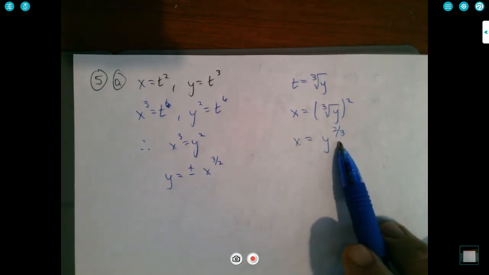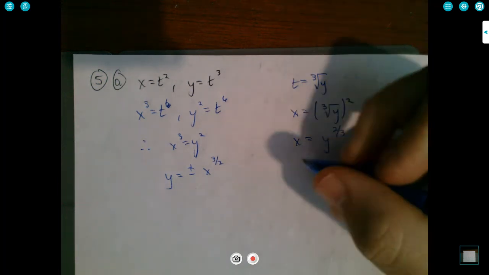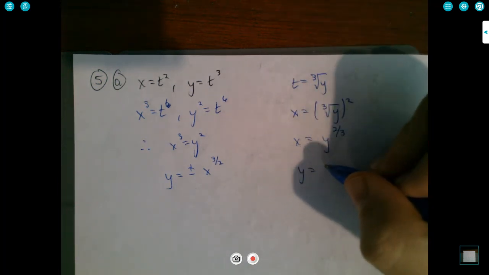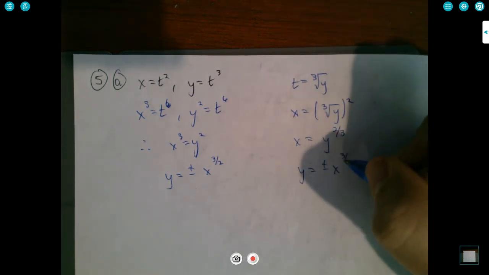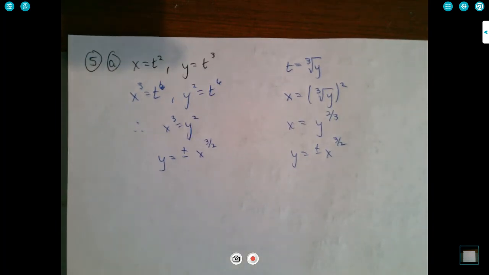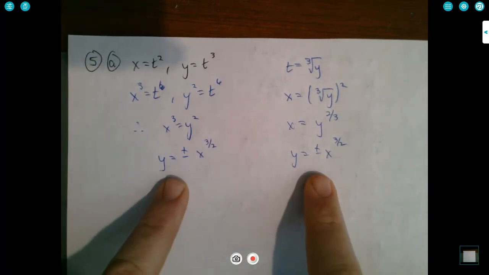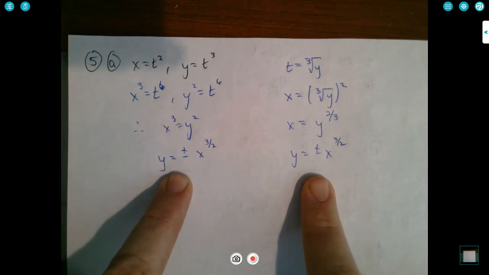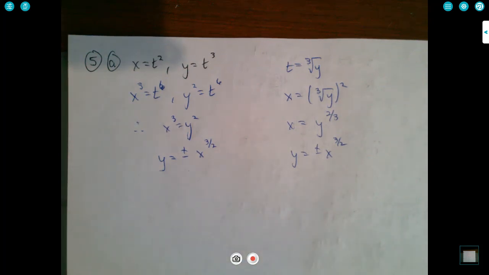Here you could do the same thing. Cube both sides, then take the square root, and you'll end up at the same spot: y equals plus or minus x to the 3/2. Anyway, in terms of being able to graph it, this is really the best way to think about it, because we have some idea of what x to the 3/2 looks like.